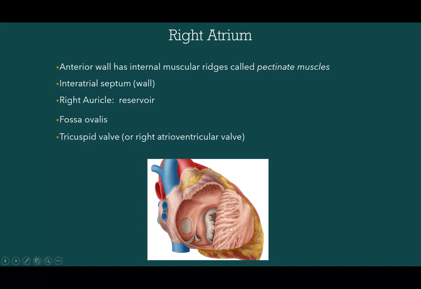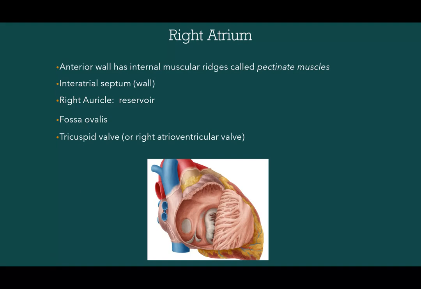Okay. Then what we see right about here, that is the interatrial septum. So that is just going to be a wall separating the right atrium from the left atrium. Okay. And then we have something called a fossa ovalis.